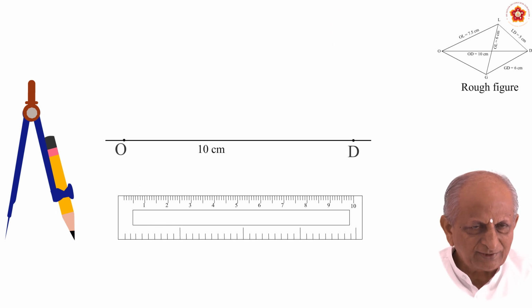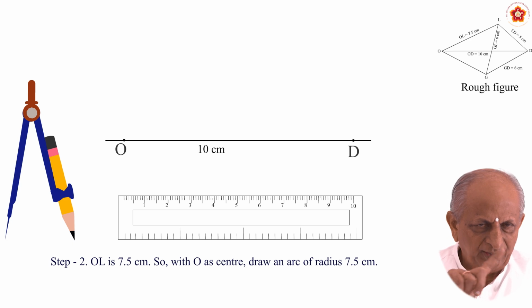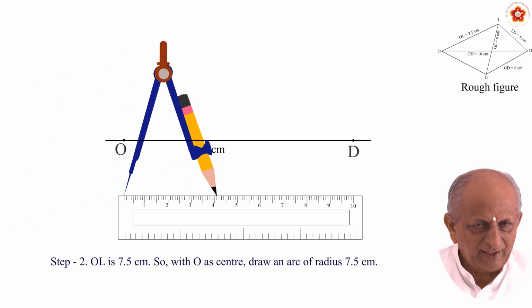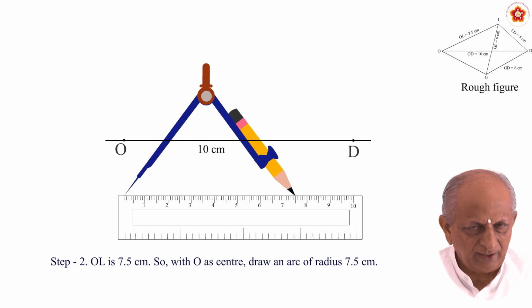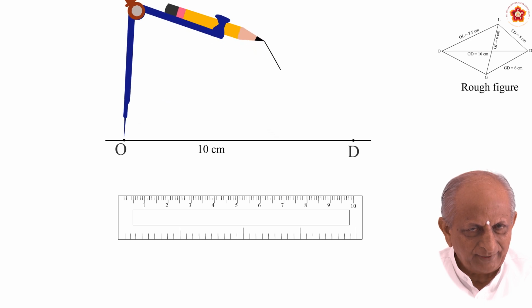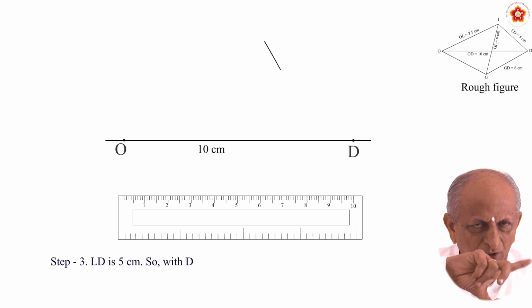Now OL is 7.5 centimeters. And so what you have to do? With O as center, draw an arc of radius 7.5 centimeters. So safely and carefully take a radius of 7.5 centimeters. With O as center, draw an arc.